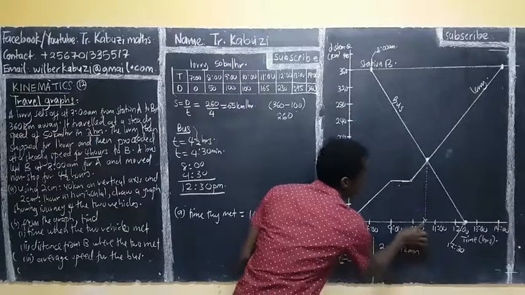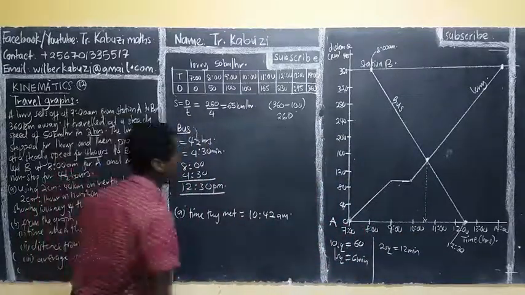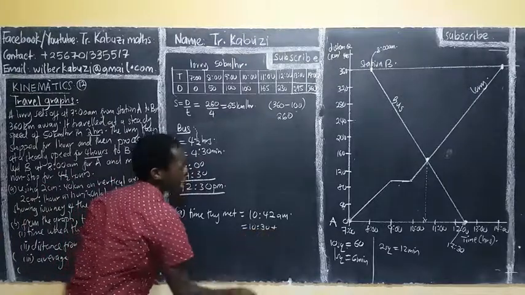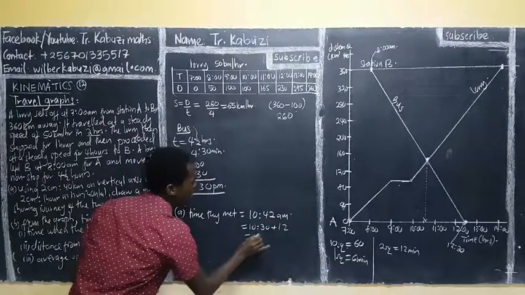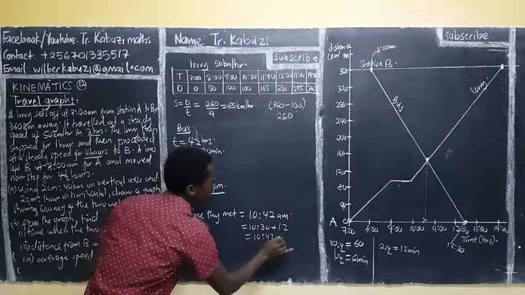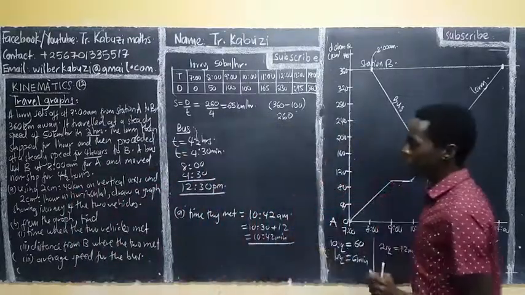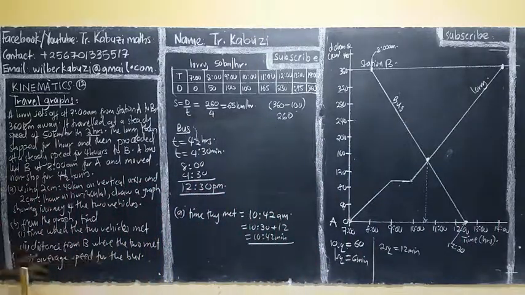The other alternative would be from 10:30, plus these 2 small squares, which would still give you 42 minutes. That's the other way.